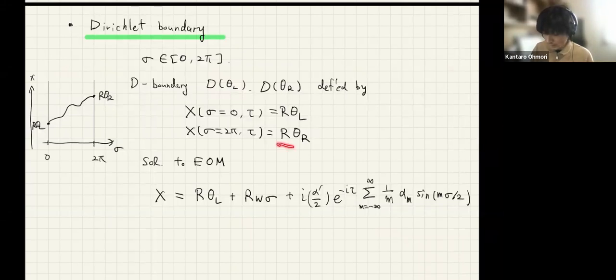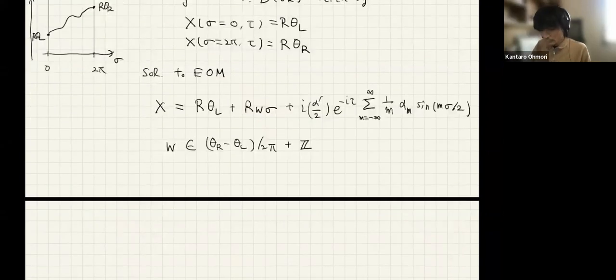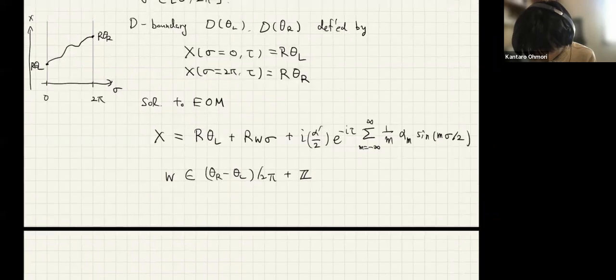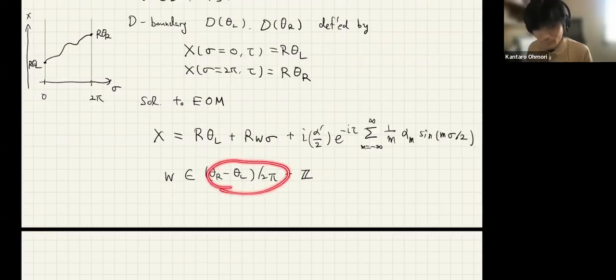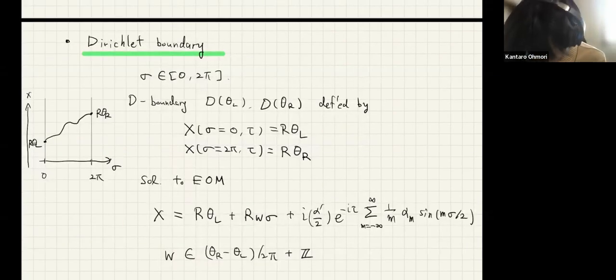To satisfy the right Dirichlet boundary condition, with this parameterization, the W has to be in (sigma R minus sigma L) over 2 pi plus T. This means that W has to be this number plus some integer, so X is 2 pi r periodic.